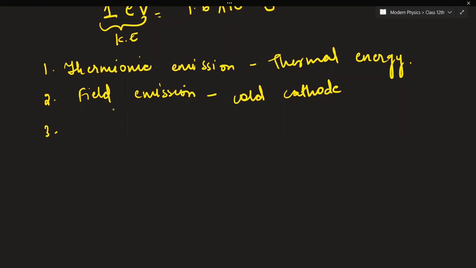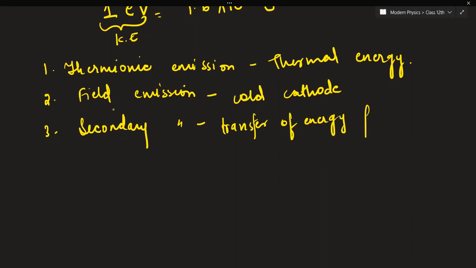Then you have a third type of emission that is known as secondary emission. In secondary emission, when fast moving electrons strike a metal surface, they sometimes free electrons. They transfer energy. So transfer of energy from other electrons can also free the other electron that is present.